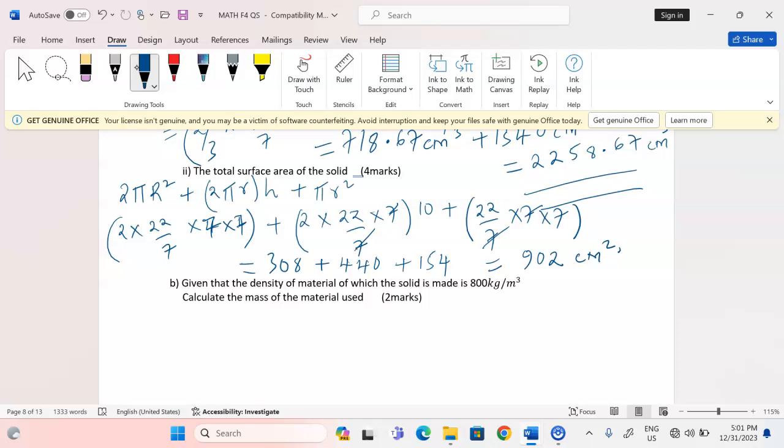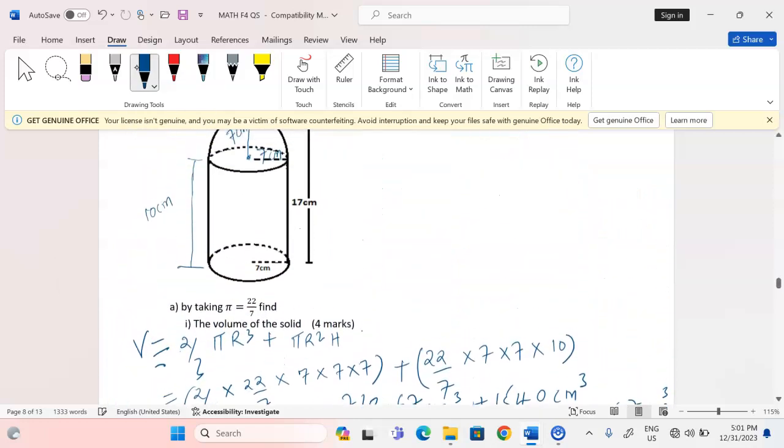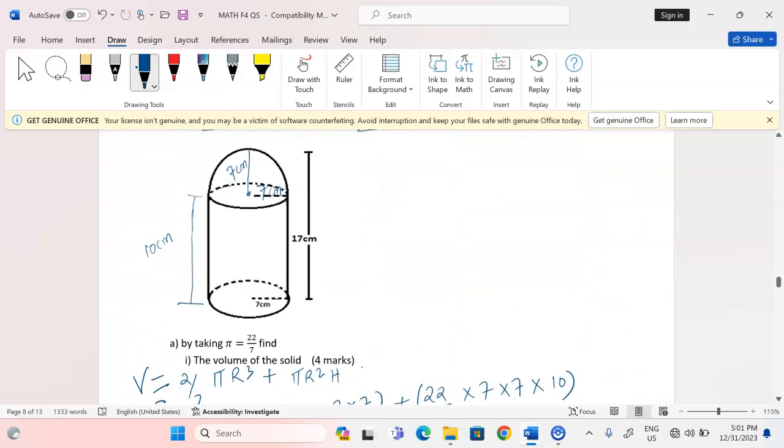Just to clarify, the reason why we take 2 pi r is that this gives us the circumference of the cylindrical part, then times h. This is because when a cylinder is opened, it becomes a rectangle. If you fold this rectangle, you're going to get a cylindrical object. That means the width will become the height, and the circumference becomes the length.